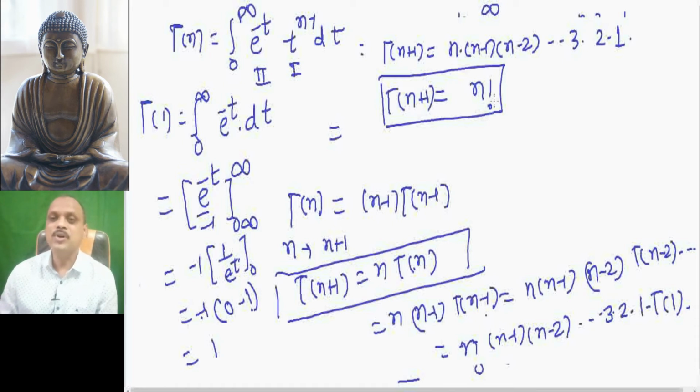We have two important results: first, gamma of n plus 1 equal to n into gamma of n; second, gamma of n plus 1 equal to n factorial. These results will be very useful when we evaluate more complicated definite integrals, and therefore they have their own applications in higher mathematics.